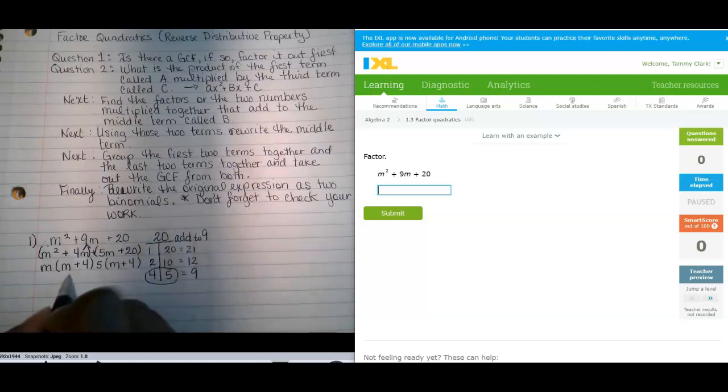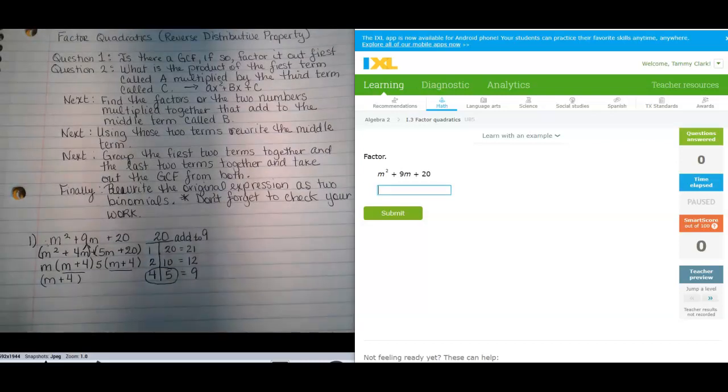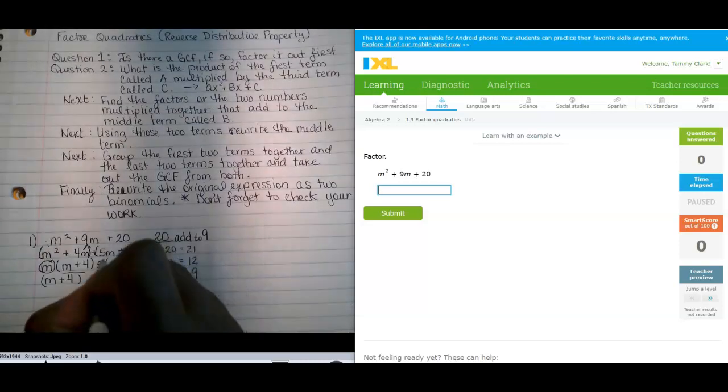Now it's very important that you make sure that the binomials in the parentheses are exactly the same. If they're not exactly the same, you've done something wrong. So the first thing I'm going to do is write m plus 4. Even though you see it twice, it only counts as one factor. Then I've got m plus 5.